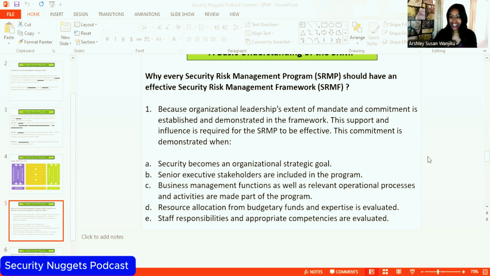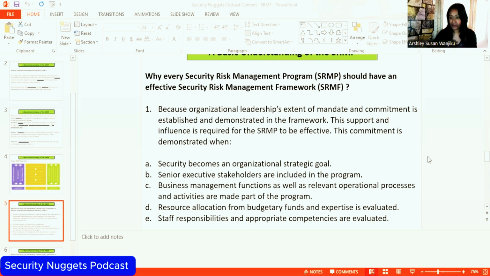Now, when leadership is supporting the mandate of the program, be sure that all the critical business functions within the organization are going to fall under the program, and all relevant operational processes and activities are going to be part of it.